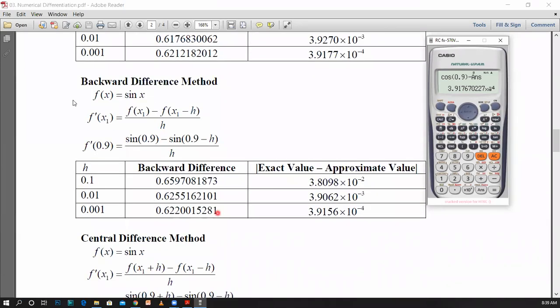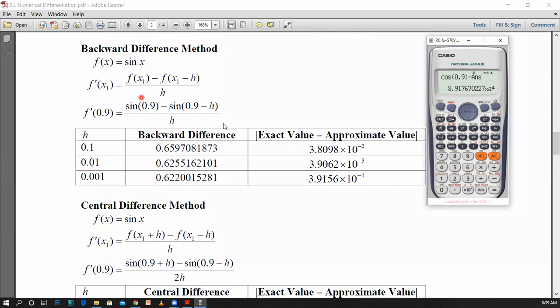The only change that we have to make here is just to use the appropriate equation for the backward differencing method and the central differencing method. Therefore, these are the answers that I have obtained, and here we have considered the absolute value of the difference. I have just considered the magnitude only.